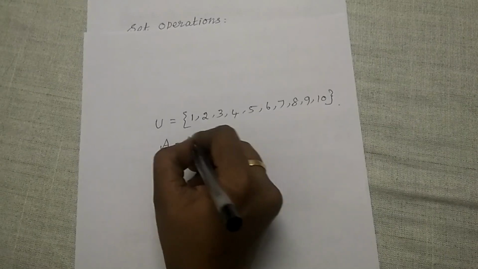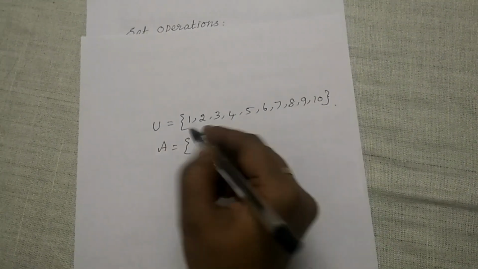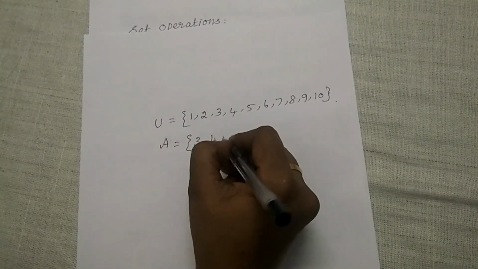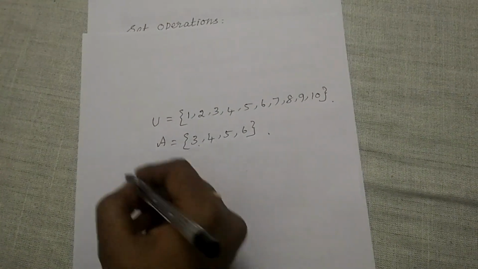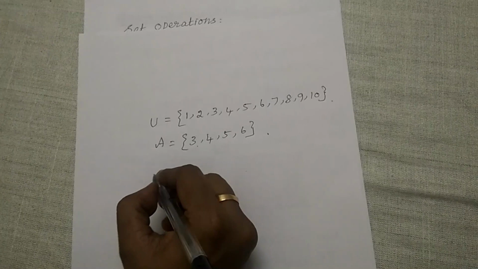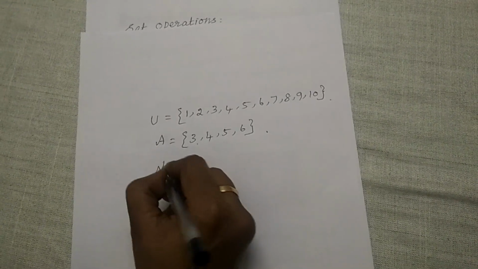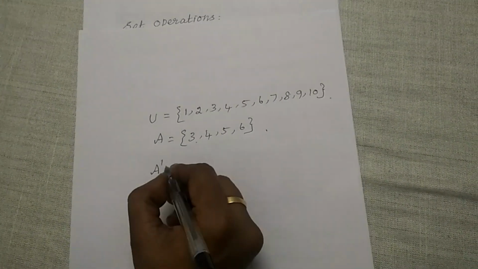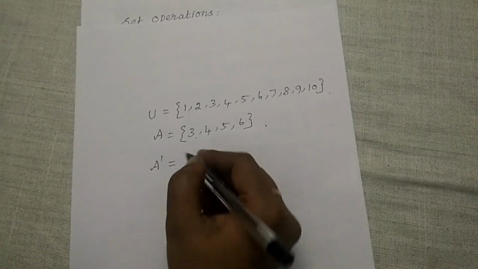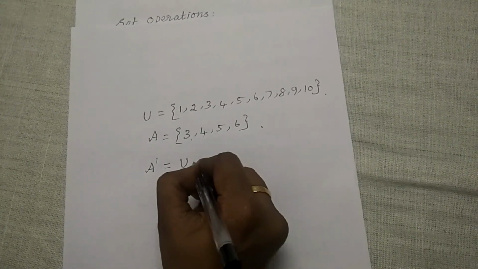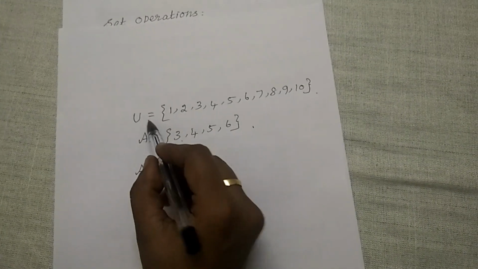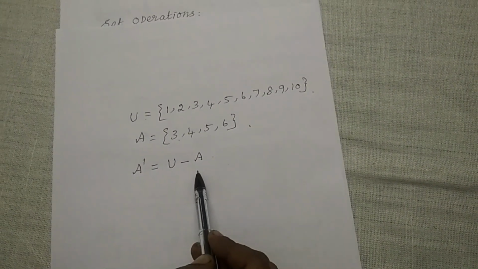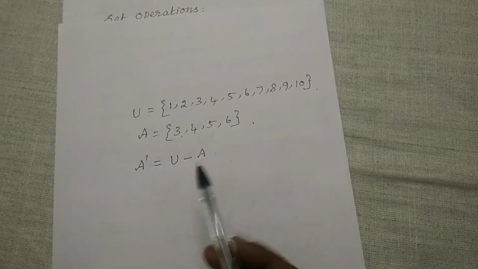Then A is equal to the set of 3, 4, 5, 6. Then from here we have to find A complement. Find A complement or A dash, which equals the universal set minus this A, or the difference with this A.